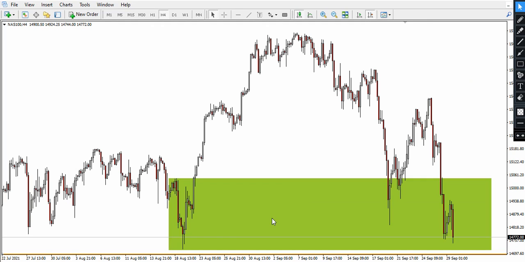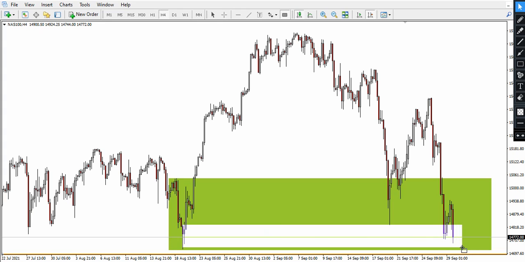On D1, this is a swing low, but on H4, we clearly see an order block right here. Let's put it down. Yeah, here we clearly see an order block on H4.